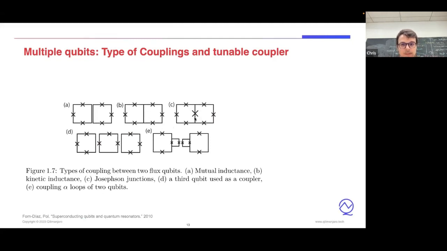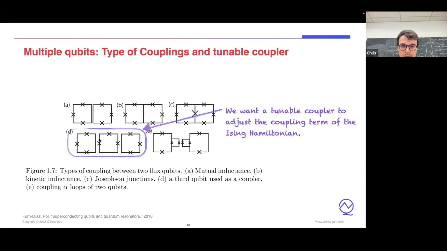You can put another Josephson junction at the shared wire, or you can have other schemes of adding some complexity, which allows us to couple the qubits together in a controllable way, so we can control also the coupling term. And we can use one of these qubits for this.